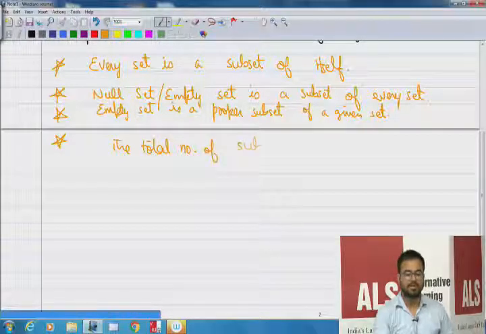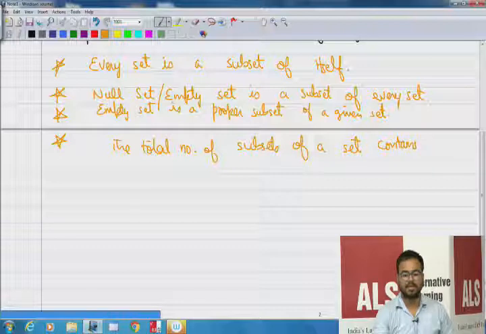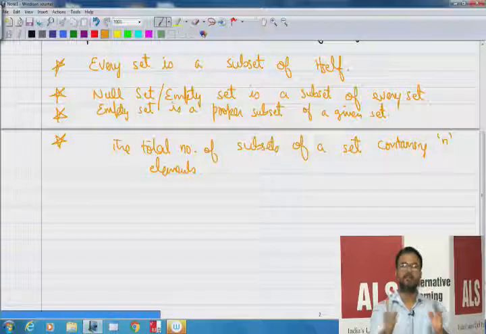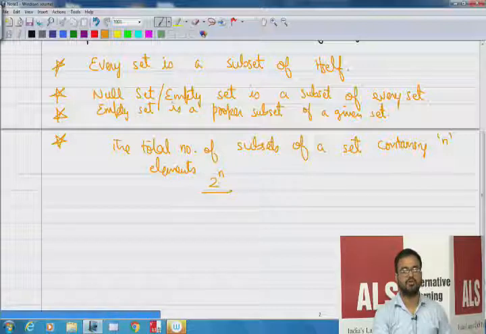The total number of subsets of a set containing n elements, if there is a set in which there are n elements, would be 2 raised to the power n.